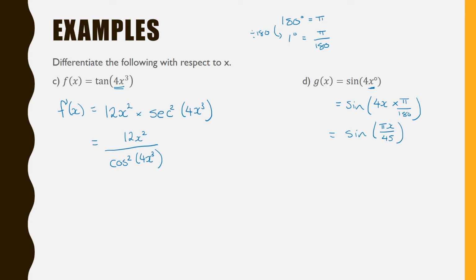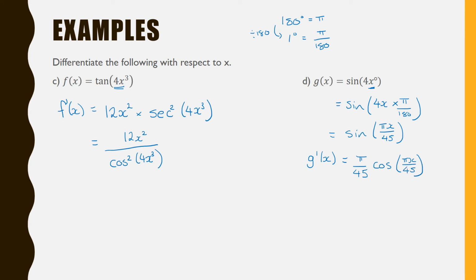Now I differentiate, g'(x). Remember, when we differentiate, we must show that we differentiate by using this appropriate notation. The derivative of pi over 45 times x is just pi over 45. The derivative of sine gives us cos, and our argument, pi x on 45, remains.